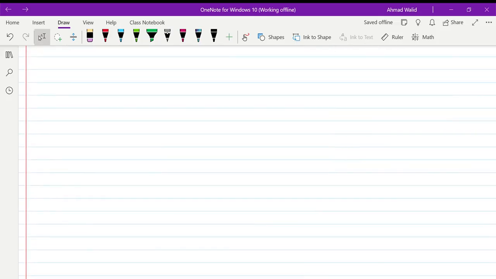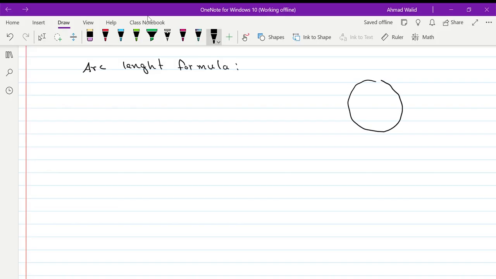The next formula is the arc length formula. Again, this is my circle. And I'll create here an angle. Correct? Let's name it theta.